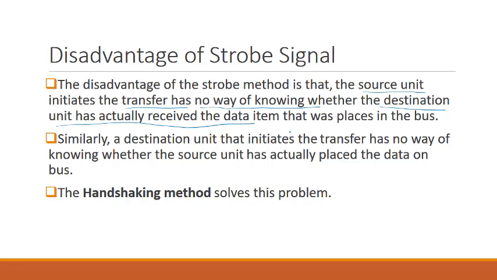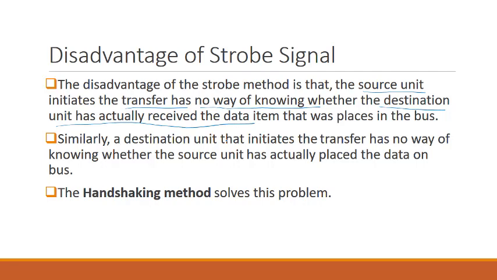Whether the data is corrupted or not, there is no information about these things, and there is no acknowledgement system. That means confirmation that the data is received by the destination unit is not available in the strobe signal.